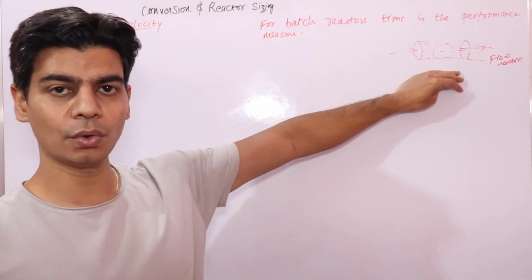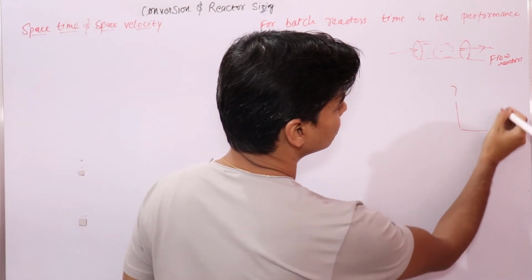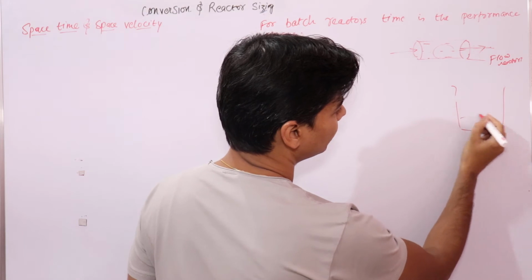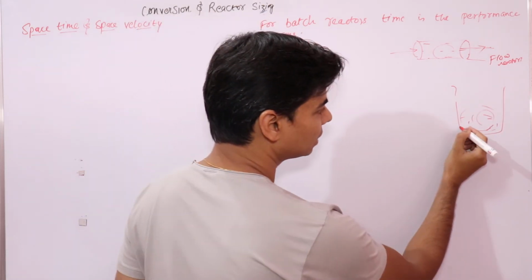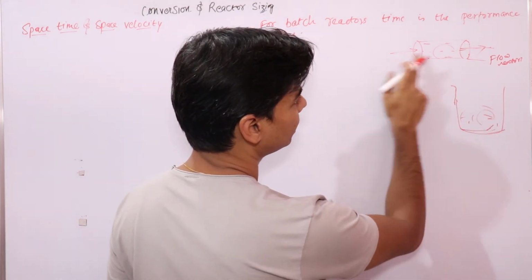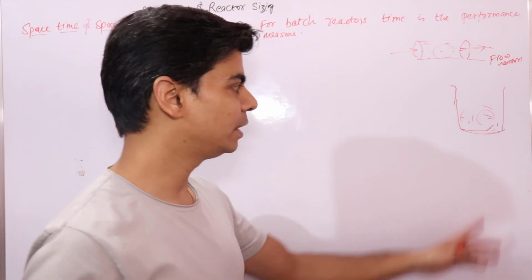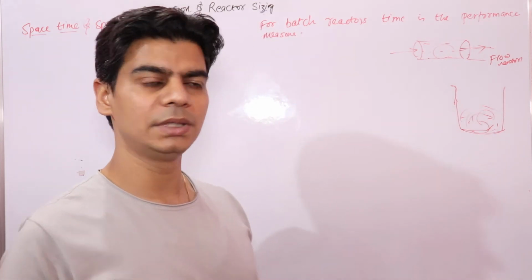But this was not so with the batch reactor. In the batch reactor there was no inlet and outlet, right? We can just leave the reactants inside this tank which is closed. It has no inflow and outflow like this, right? So here, the longer the time these reactants spend in the reactor, the more would be their conversion.